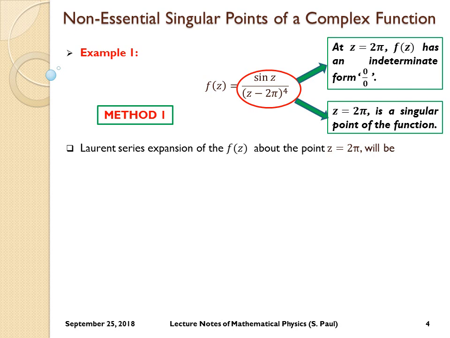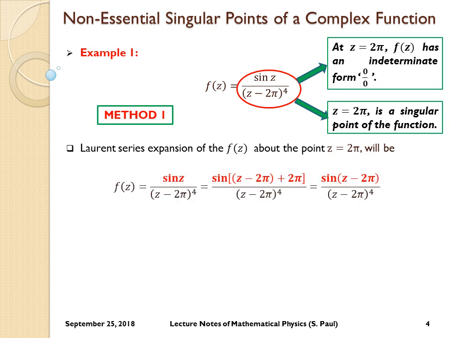The Laurent series expansion of f of z about the point z equal to 2 pi will contain positive as well as negative integer powers of z minus 2 pi. Therefore, we have to write z in terms of z minus 2 pi in the given function.